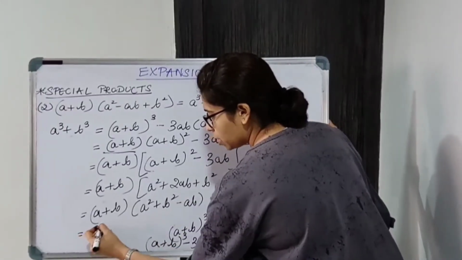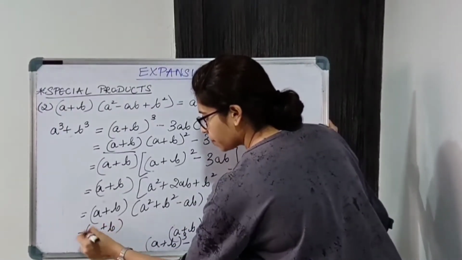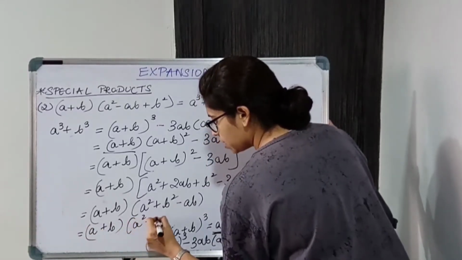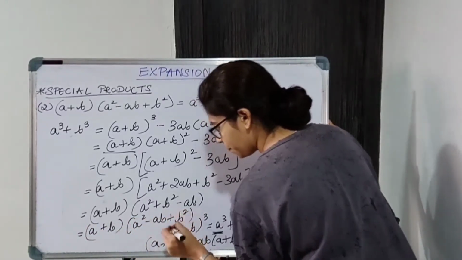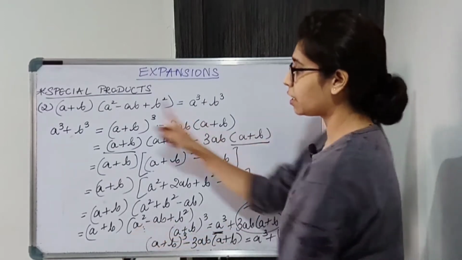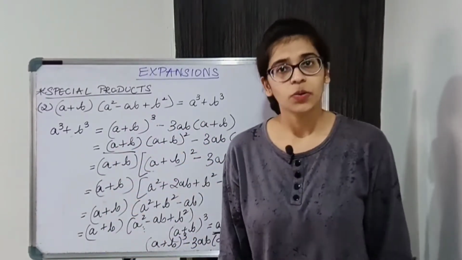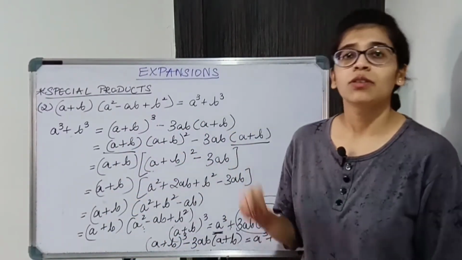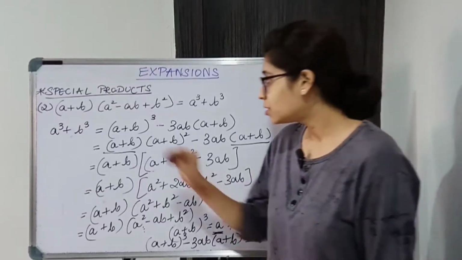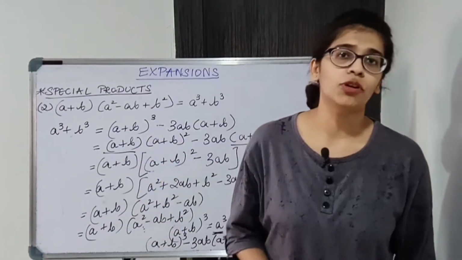So I'll just rearrange the terms. It is a² - ab + b². So students, we got RHS. So it's easy. Please learn this formula, it is important.